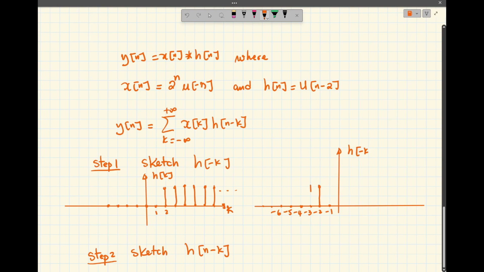So we start from negative 2 and go to minus infinity.